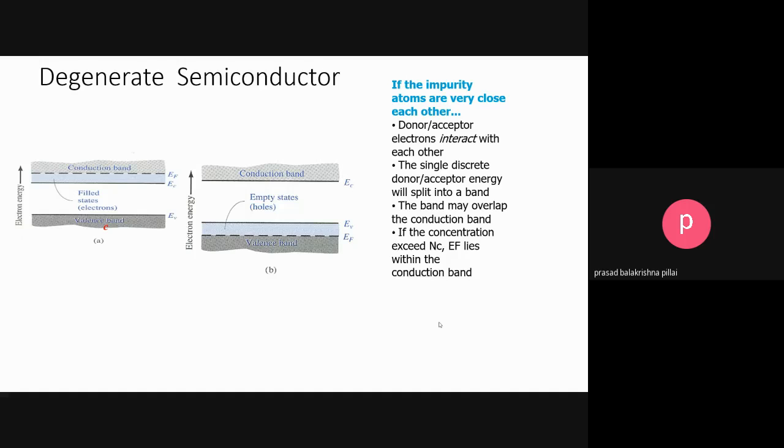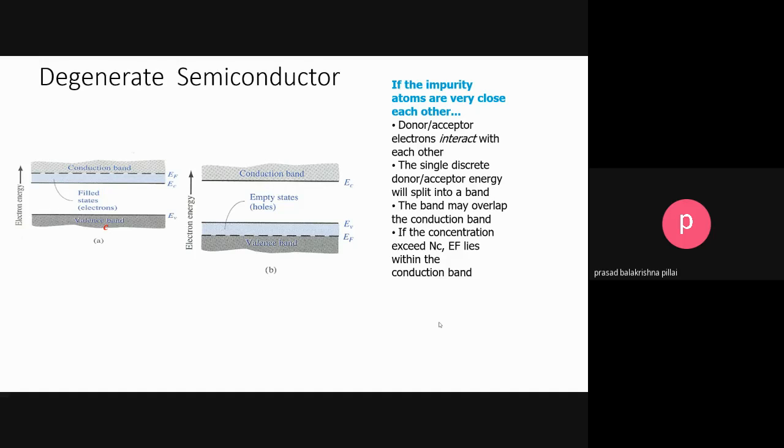Again, when we go into the BJT, we will see that the emitter region of the BJT is heavily doped. In such situations, there could be changes in the physics taking place because of this change in the energy band diagram. That is why I am bringing it in here.